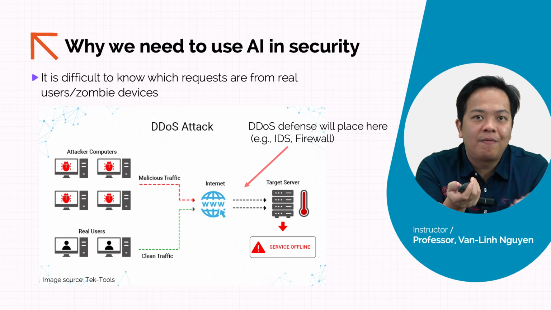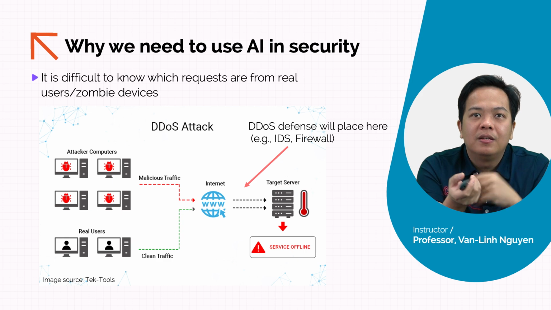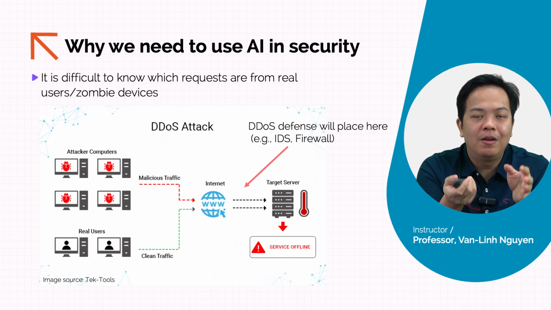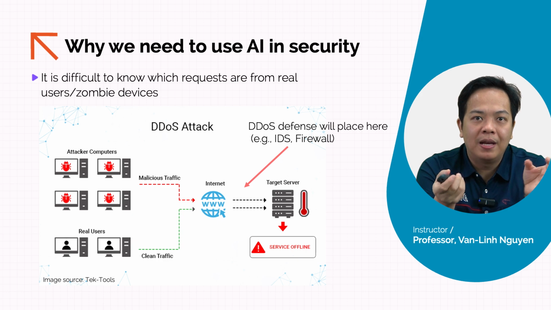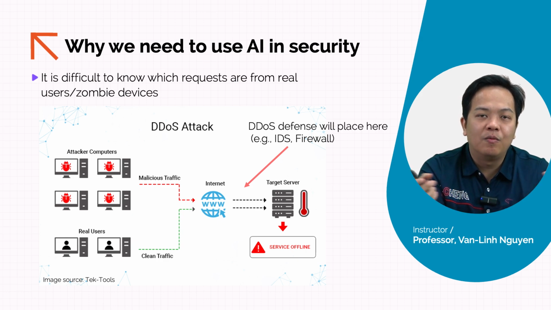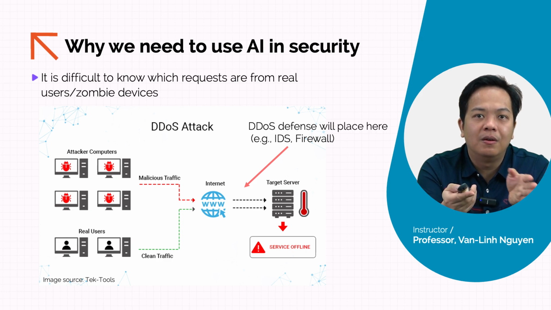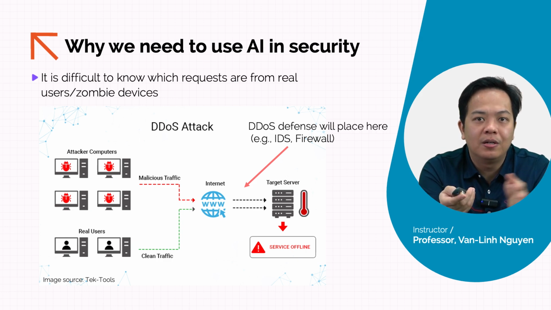But that is not flexible and is sometimes not accurate. That's why we need to use AI here. AI is very powerful when we have a lot of traffic. We can learn from big data and distinguish which is malicious and which is clean traffic.